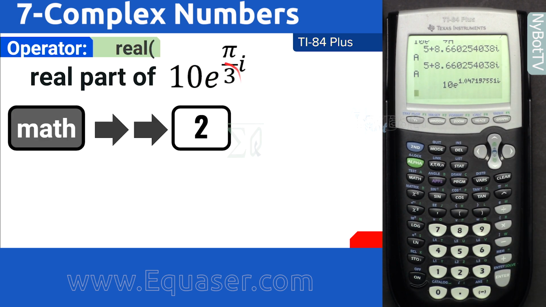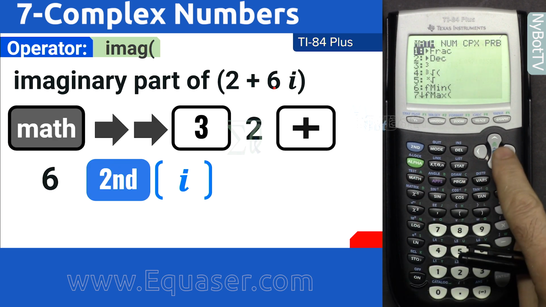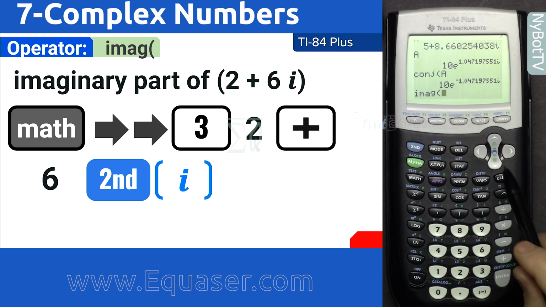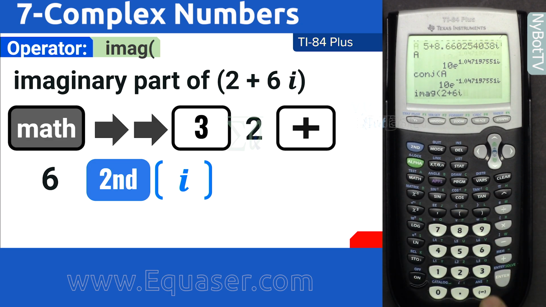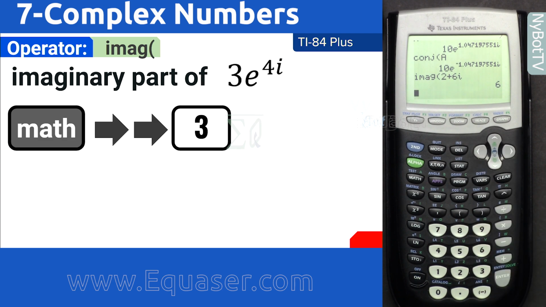Now let's get the imaginary part of 2 plus 6i. Press math, go to complex, and then for imaginary we go 3, and then 2 plus 6, second function I, enter, and we get just the imaginary part. Let's get the imaginary part of this one.